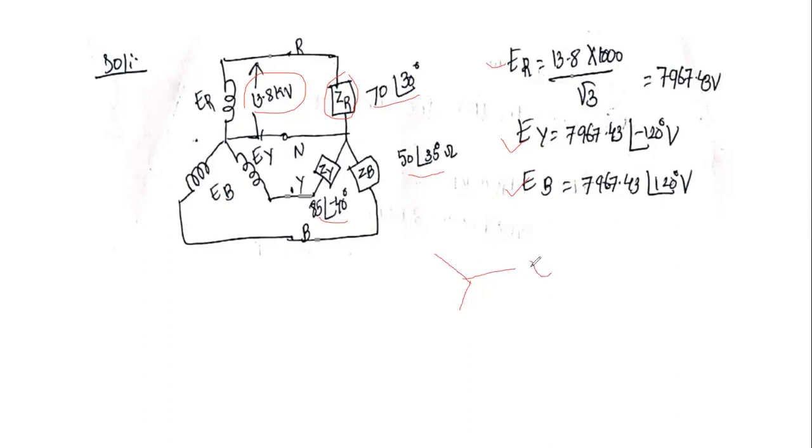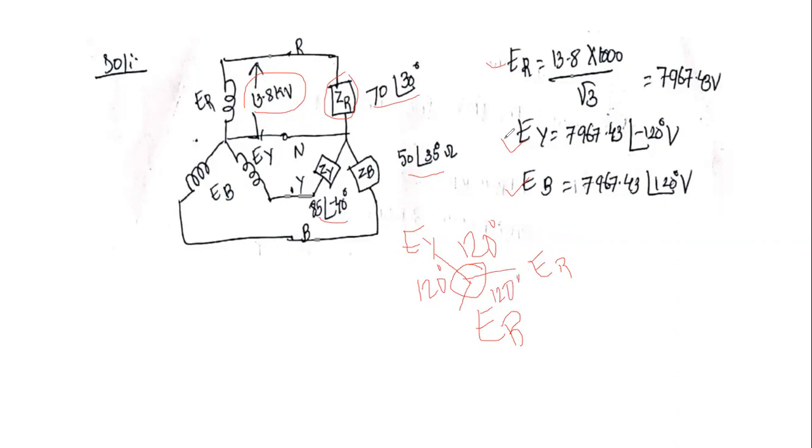This is the ER, this is the EY, and this is the EB. Each and every phase has 120 degrees displacement.